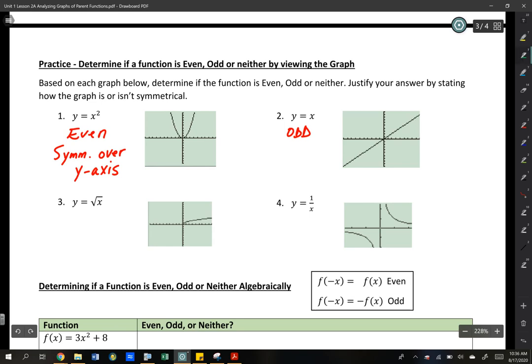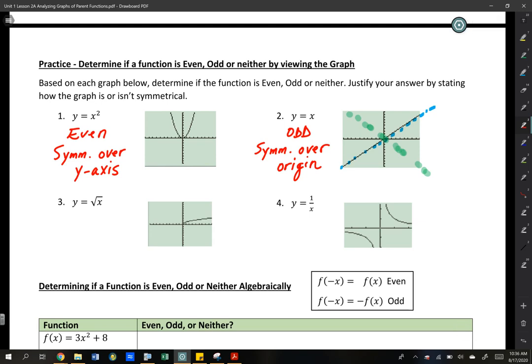Now it's going to reflect over the y-axis. And then it's going to reflect again over the x-axis and be the same graph. So we would say that this is symmetric over the origin.